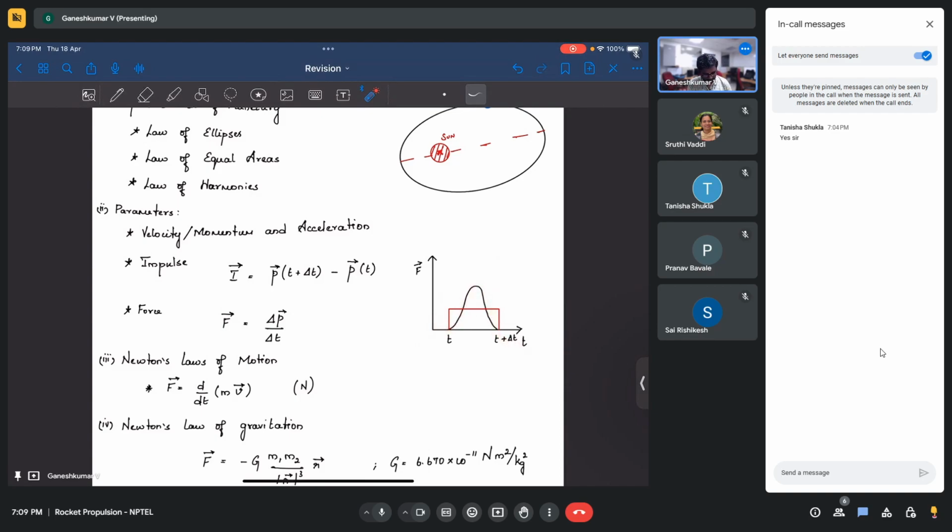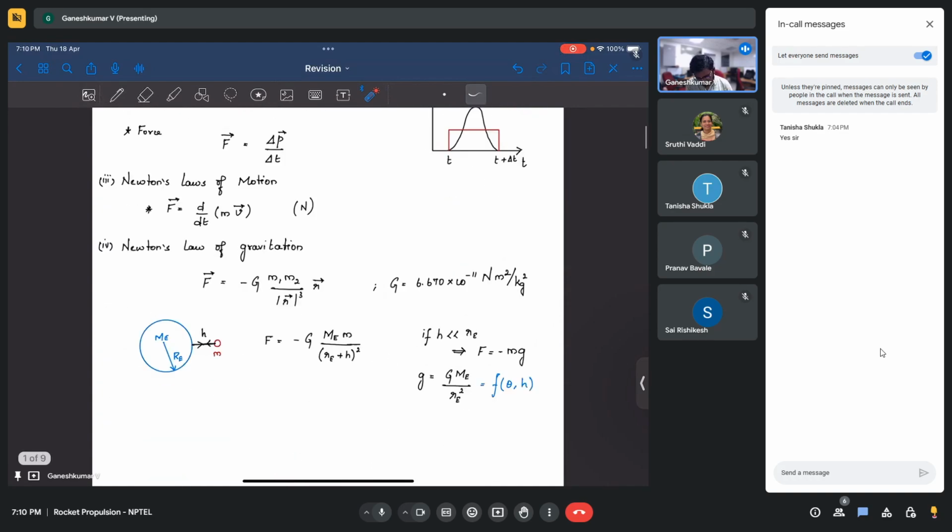And this is actually true if you are doing dynamical analysis for your rocket engine or for your rocket motor. Okay, so we will touch upon this more, but basically you should keep this in mind. The force we apply is not just some number, it is actually varying with respect to time.